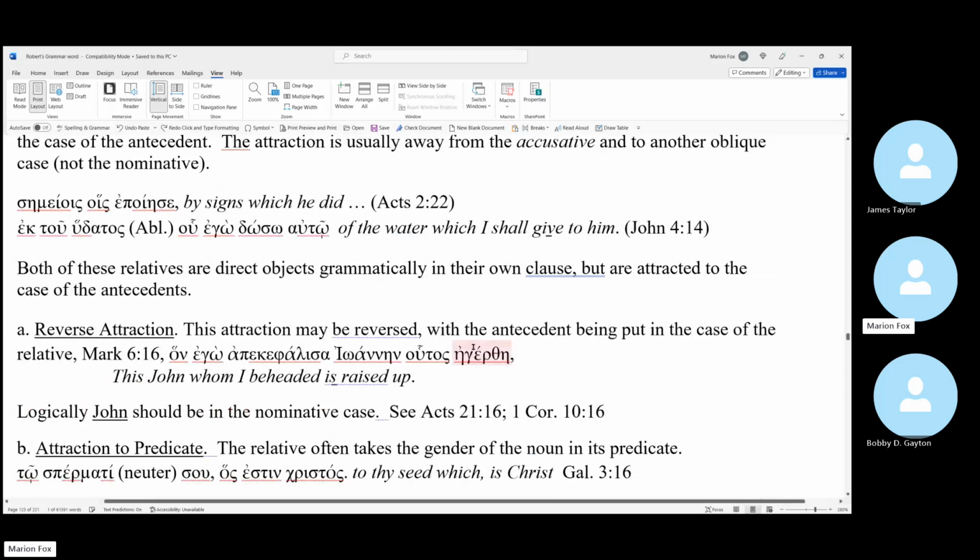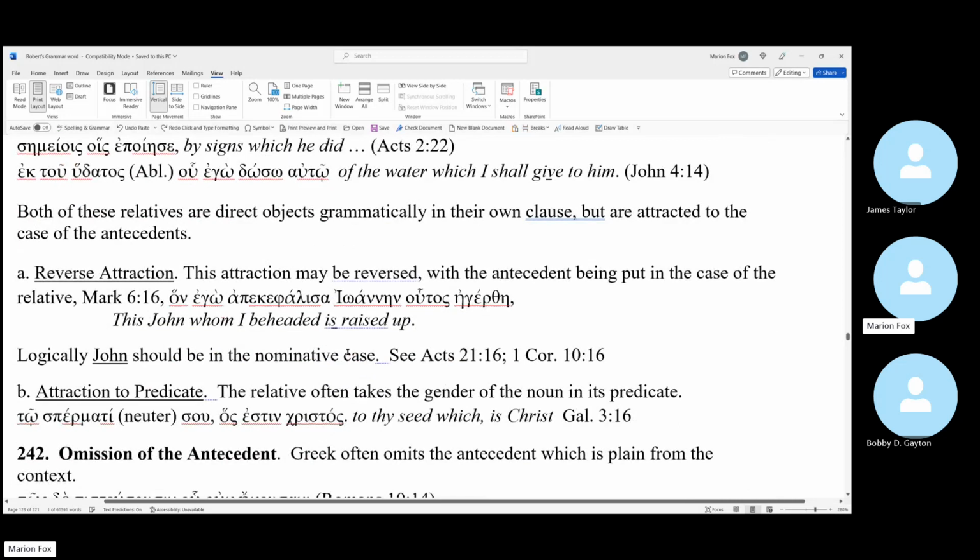So whom I beheaded, there's your relative pronoun at the beginning, and he is raised up. Okay, John is in the accusative case. So in this case, the antecedent comes after it here, and that might be the case whenever this attraction occurs. It might follow instead of going before, to be a postcedent. And this John whom I beheaded is raised up.